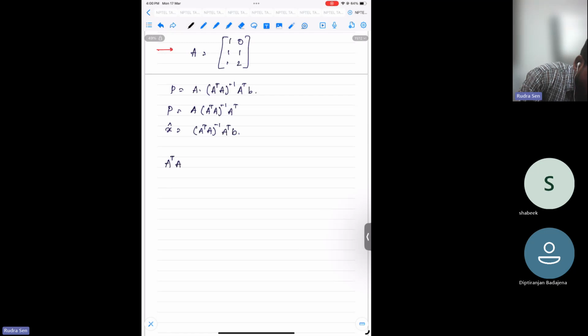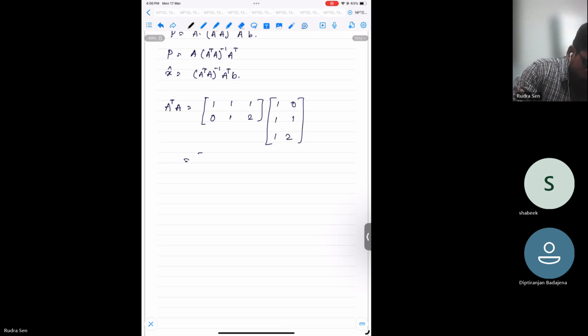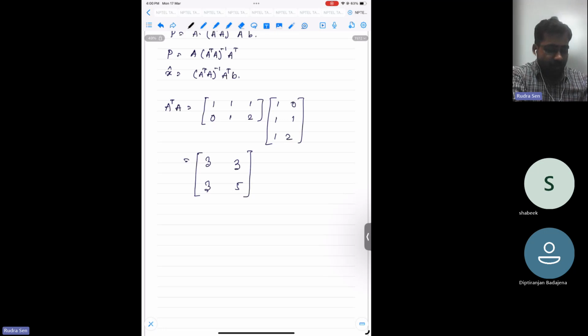So A transpose A. What will be the A transpose? [1 1 1; 0 1 2] times [1 0; 1 1; 1 2]. So this is 3, this is 3, and this is 5. Since these two columns are linearly independent, A transpose A will be invertible, right?